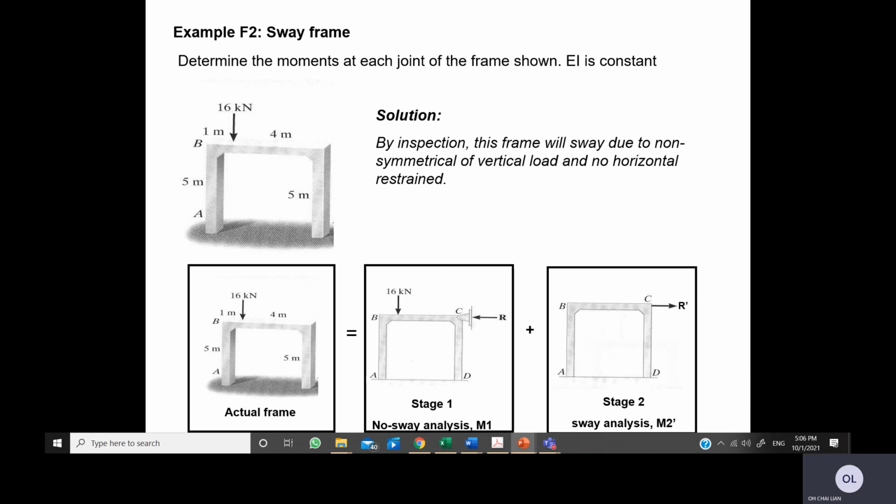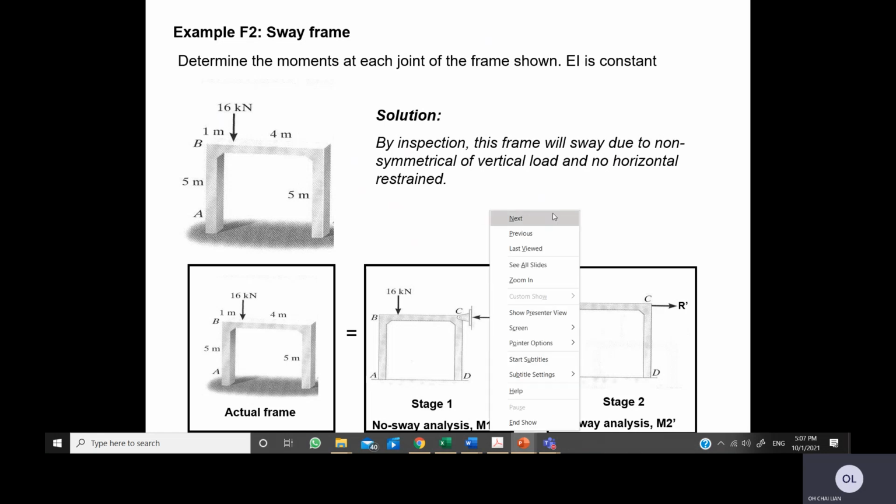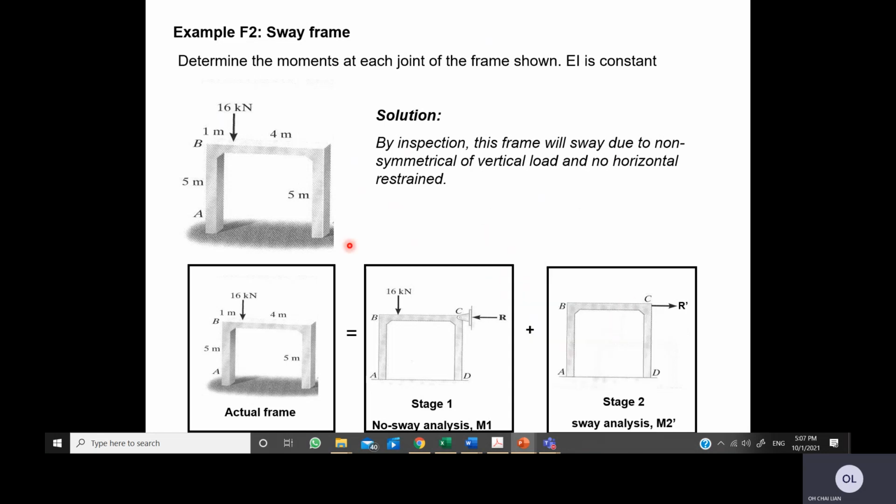For today's lesson, I would also like to share a complete example, to give you an idea of how to solve a sway frame using the moment distribution method. This is our real case. We start with the non-sway analysis for stage 1 to determine M1, putting in a restraint so that the frame will not have a side sway, but we still keep the loading.